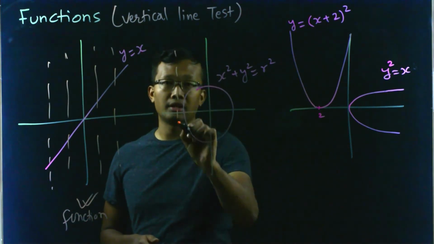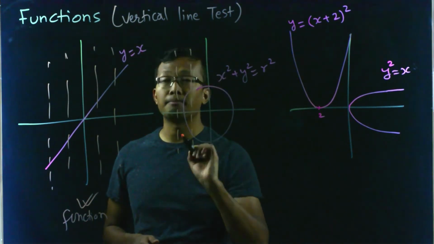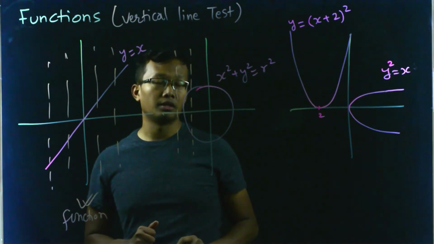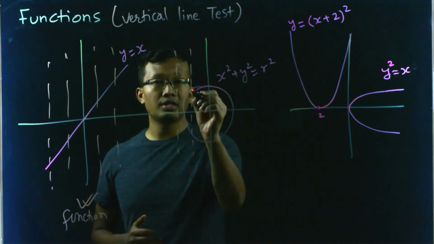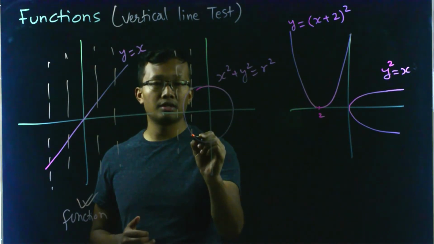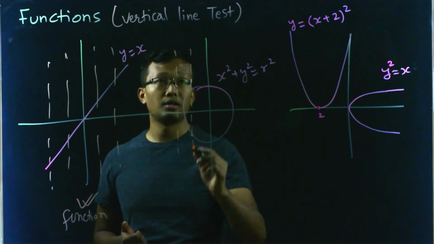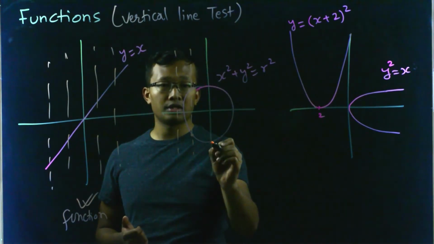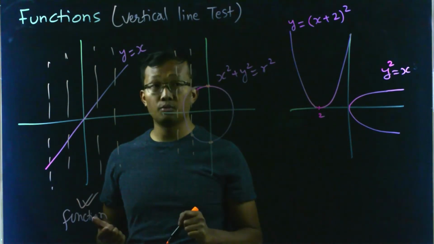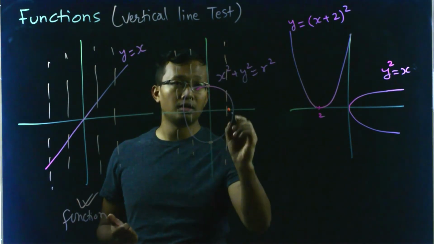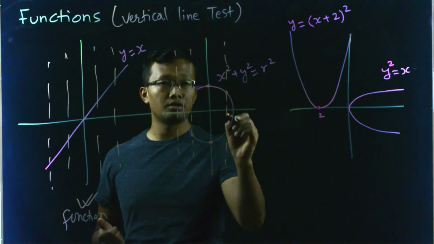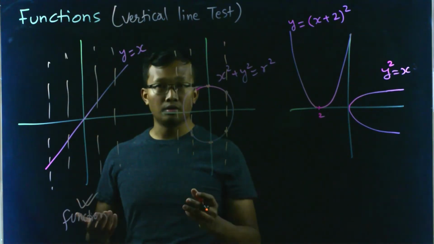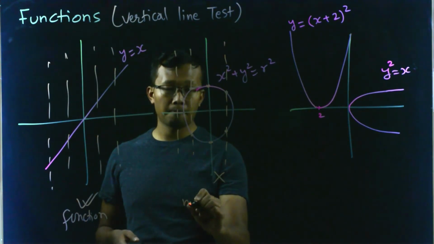Let's draw many vertical lines which intersect the circle. Then you can see that this vertical line touches the circle at 2 points. The y-axis also touches the circle at 2 points, and another vertical line also touches at 2 points. So this is not a function.